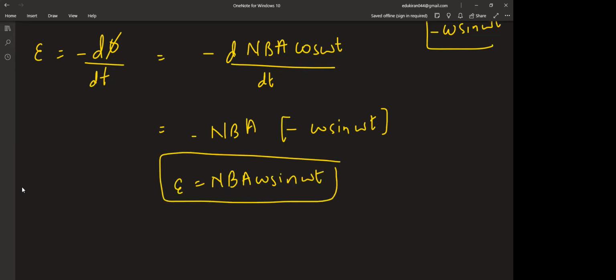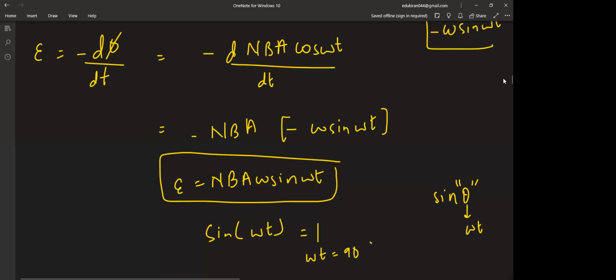One thing, class: sine omega t is like sine theta only. This theta part is replaced by omega t because we have intentionally put this; earlier it wasn't like this. So if sine omega t is 1, omega t is equal to 90 degrees.